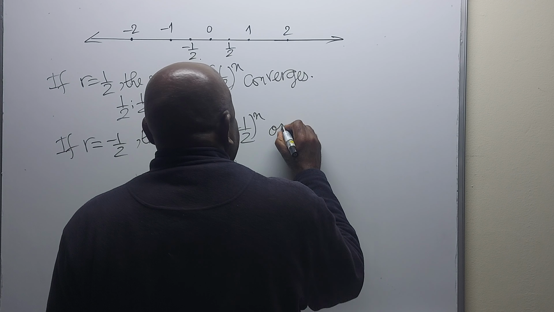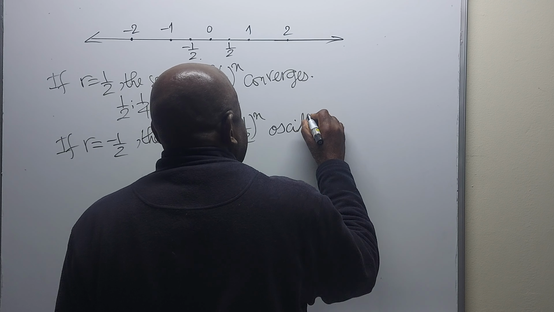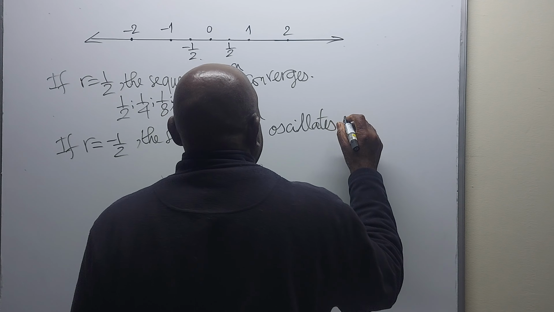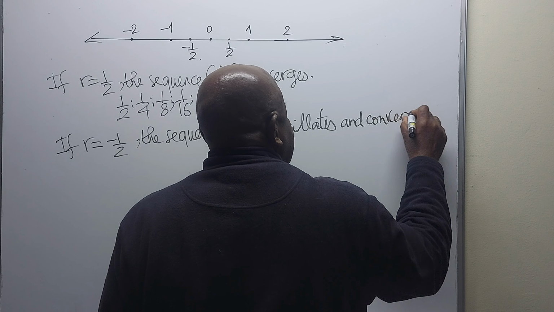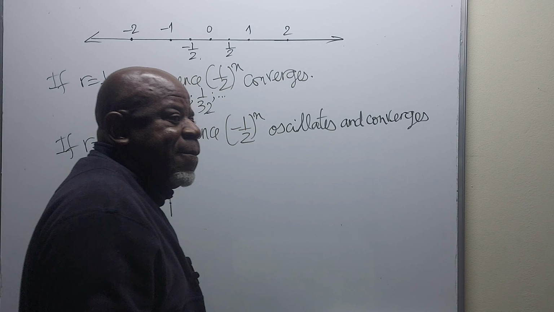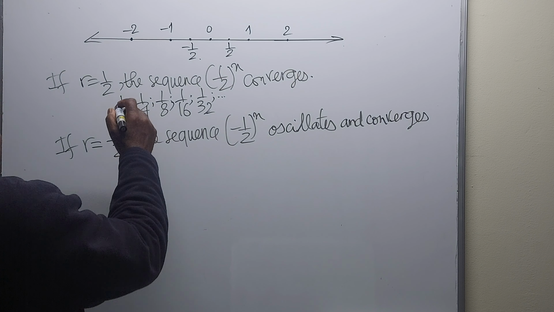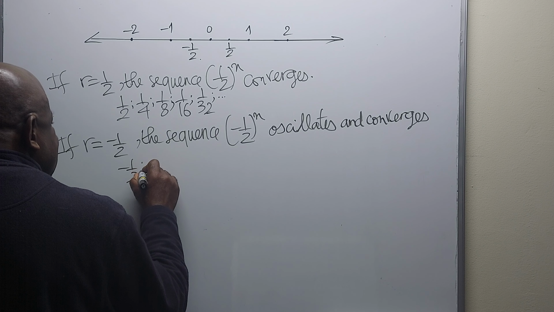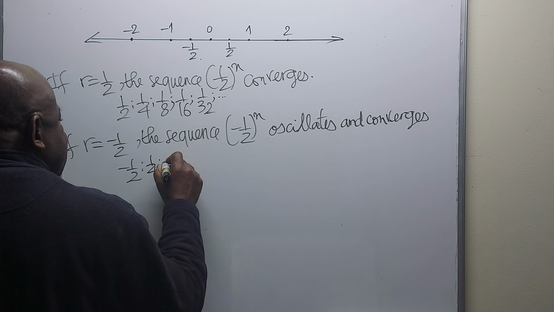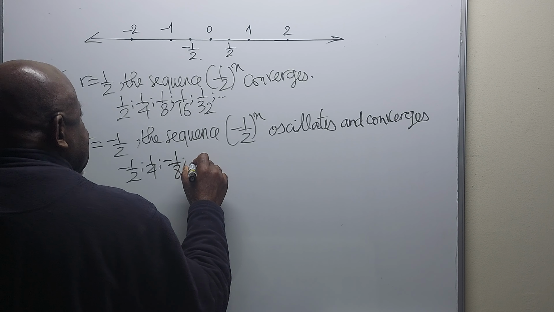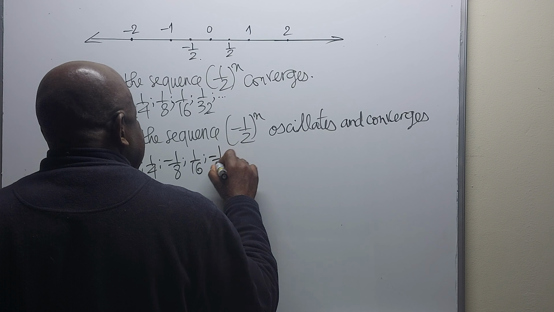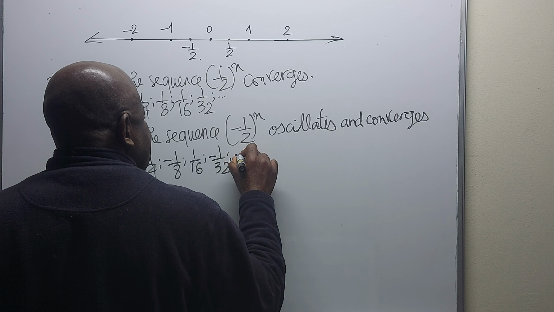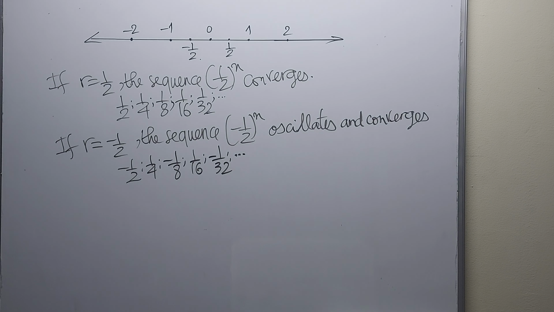So oscillate and converge. What are we going to have? So here we'll be having -1/2, 1/4, -1/8, 1/16, -1/32, and so on and so forth.